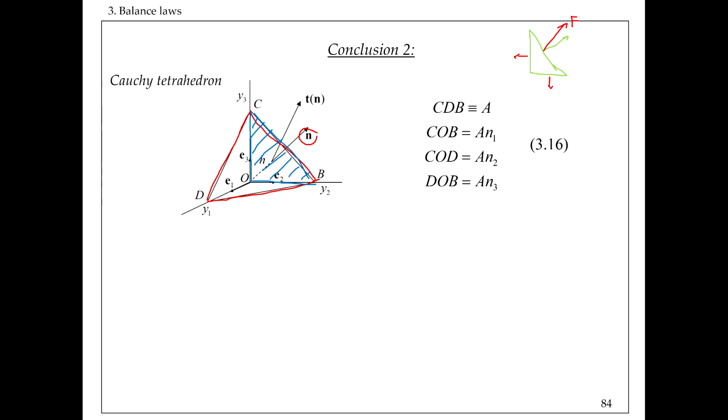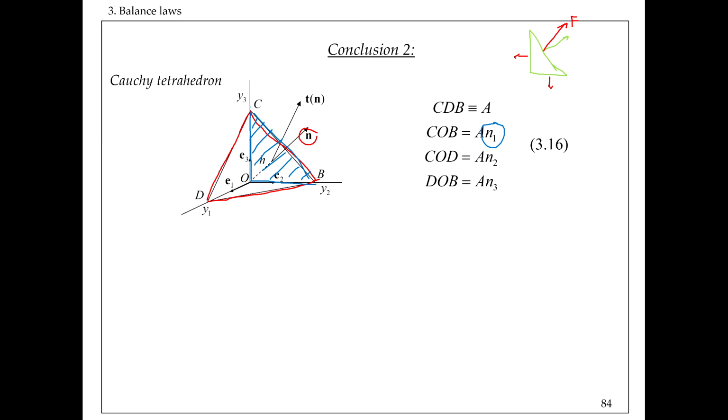So COB is a projection of that element area CDB, and the component N1 multiplies it, which makes the area COB. And basically the same logic works here.